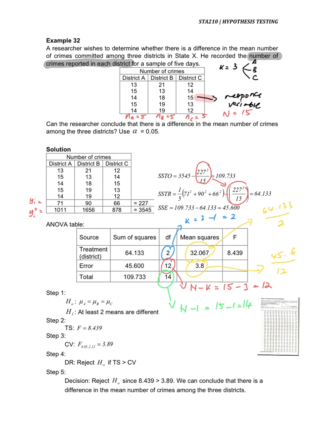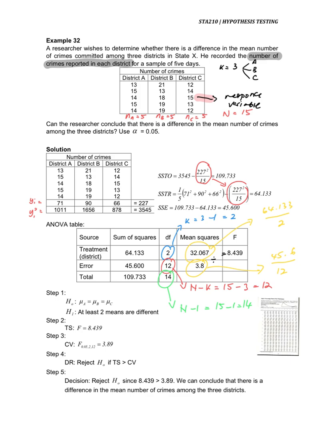Lastly, we find the value of F. F is simply mean square treatment divided by mean square error. We divide these two values: 32.067 divided by 3.8, then you will get 8.439.